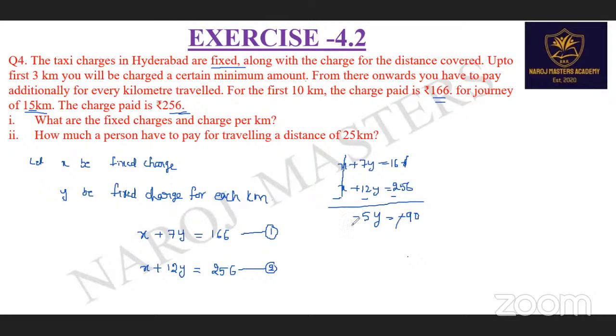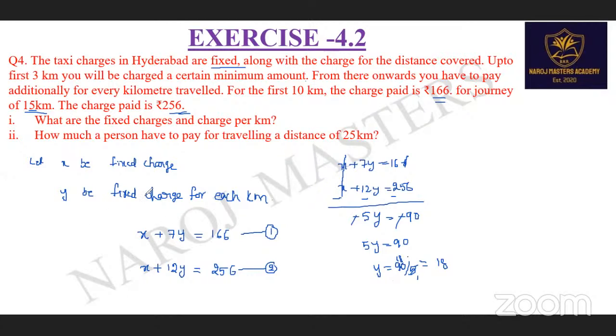So minus minus gets cancelled. 5y is equal to 90. y is equal to 90 by 5, that is 18. So y is equal to 18 here.